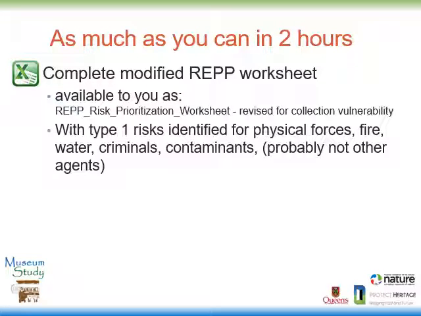With Type 1 risks identified, I'd like you to populate this sheet with at least one specific risk identified for each of the agents of change: physical forces, fire, water, criminals, and contaminants. Probably not other agents. We tend to not have Type 1 light risks, which would be like the sun going supernova, or Type 1 pest risks, which would be a proverbial biblical swarm of locusts eating up your collections.